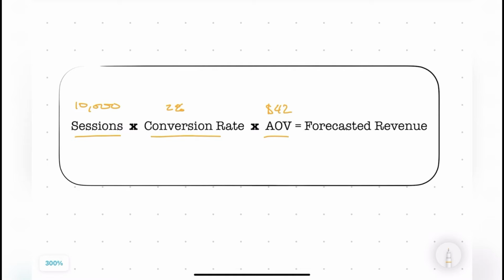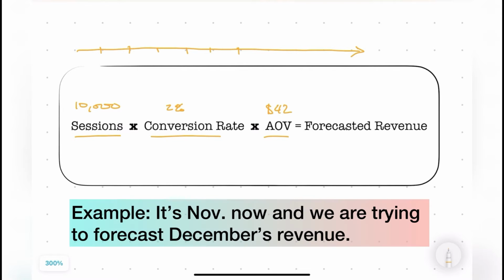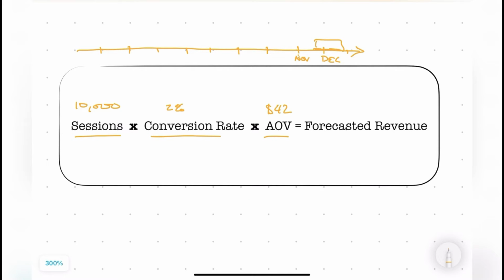And so let's create a timeline here. Okay, so here's a timeline. Let's say we are right now sitting in November, and we're trying to forecast December. We're trying to see where things are going to be in December.